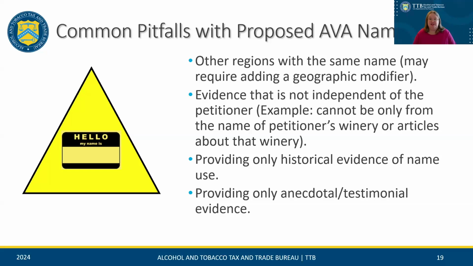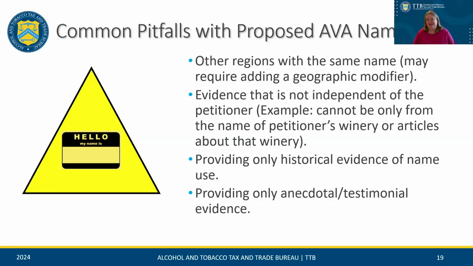Like other parts of the petition, your proposed name section can come across a few pitfalls. One of these may be that your proposed name has the same name as other regions in the country. In that case, we may require you to add a geographic modifier to help the consumer better understand exactly where your proposed AVA is located. An example would be if you wanted to name your proposed AVA after Middleburg, the main town in your region.